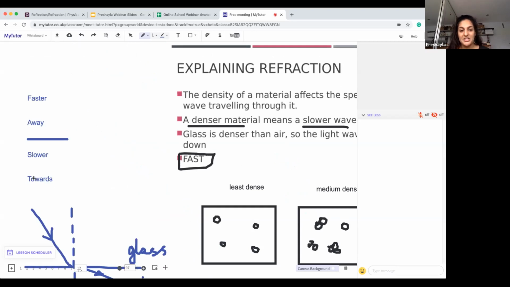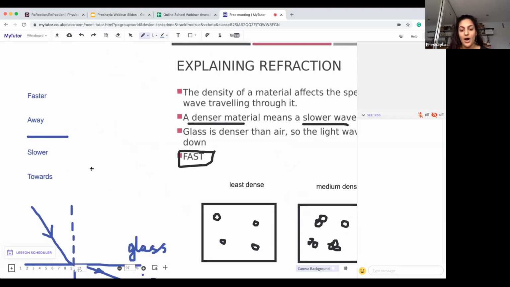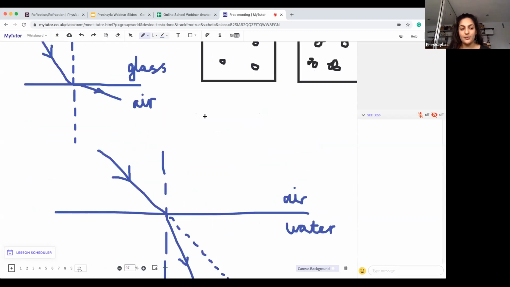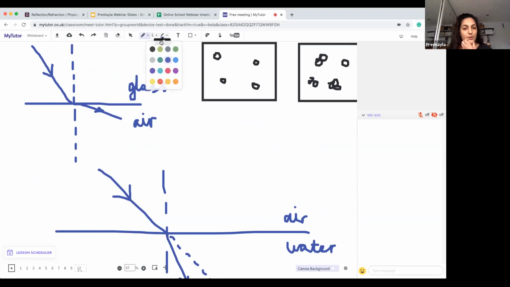Slower matches with towards. So our light ray is going to bend towards the normal on this side, not on this side. This side would be away, this side would be towards. Now we forgot one thing: we didn't measure our angles.